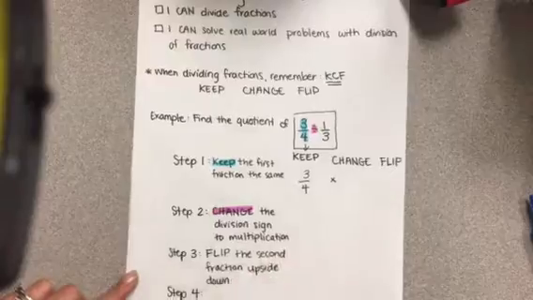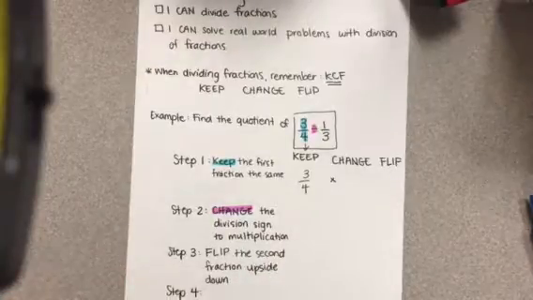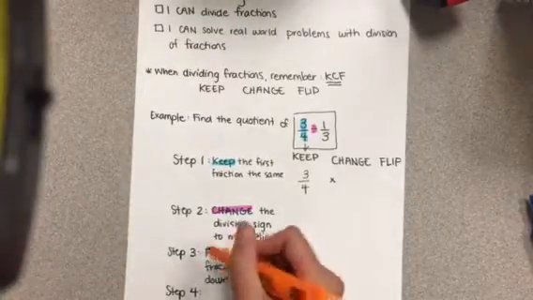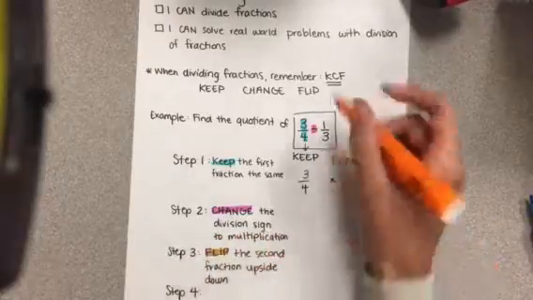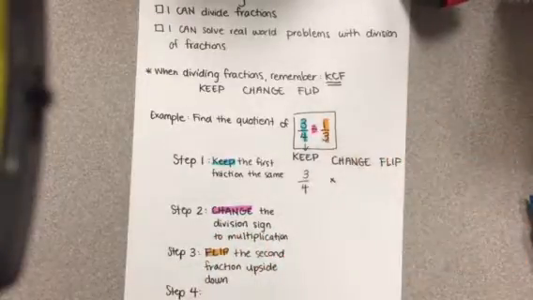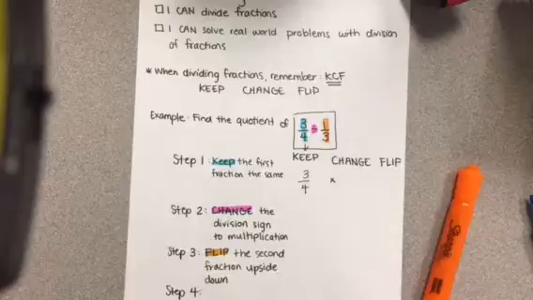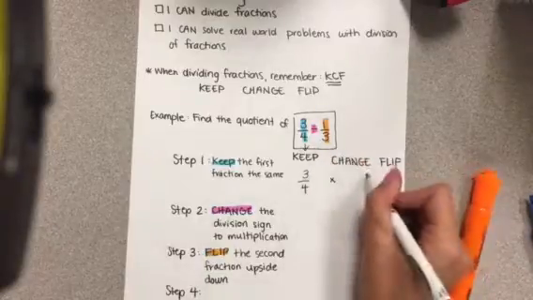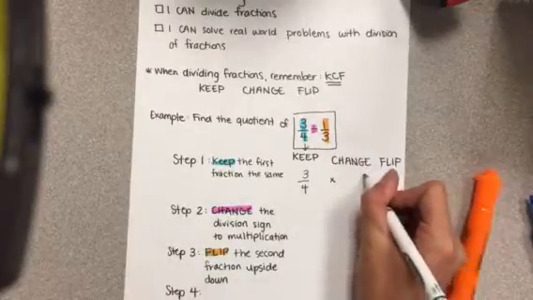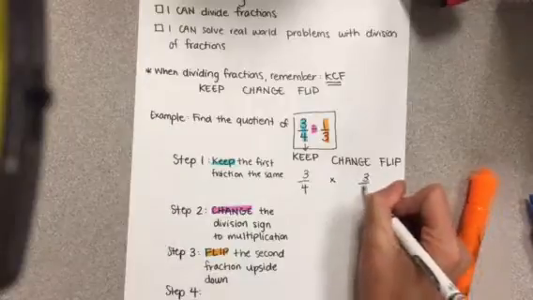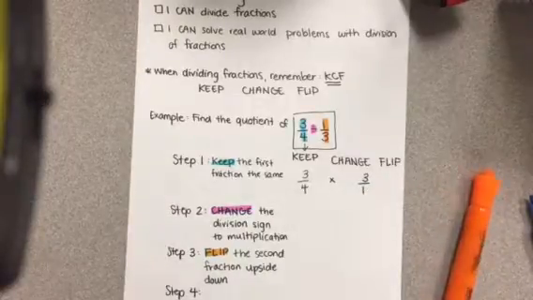Now, when I do that and I flip this guy, I'm going to take this 1/3 and I'm actually going to change it all the way over. So I'm flipping it so that the 3 now goes on top of the 1.